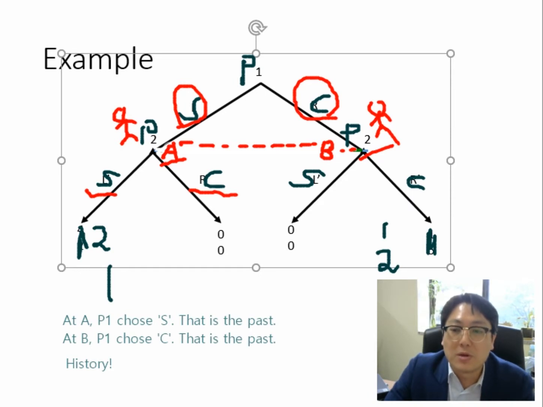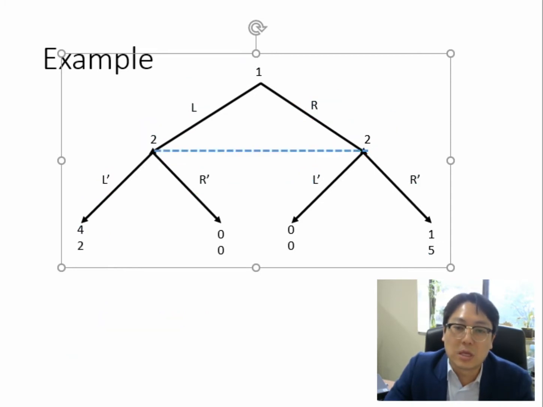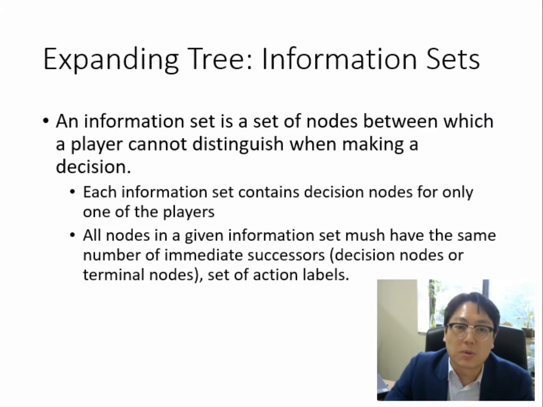If we want to represent that fact, we draw this kind of dotted line here. If we add this dotted line, this game is exactly the same as the coordination game.